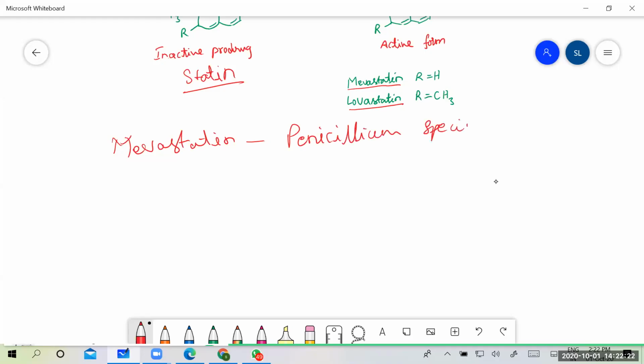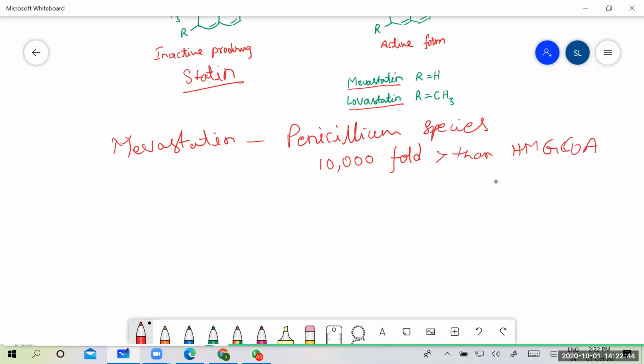And the affinity of this mevastatin towards the HMG-CoA reductase is 10,000 fold more than the HMG-CoA.